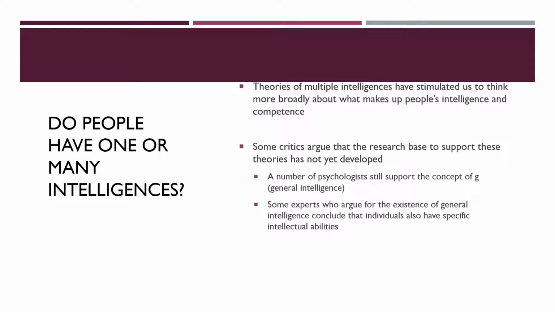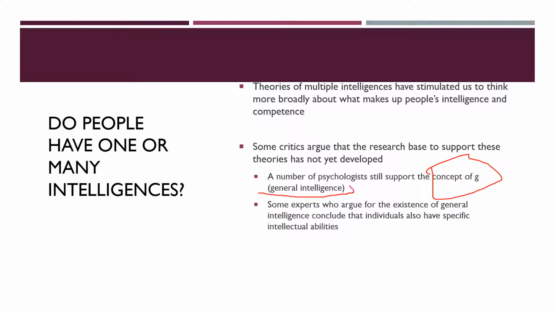However, there is considerable criticism that there's just not enough research that actually supports that there are different types of intelligence. Many psychologists rely on this concept of what we will call g, which is a general intelligence.